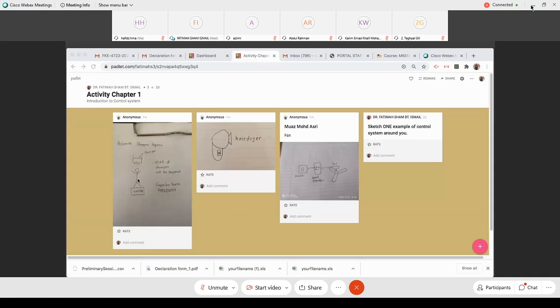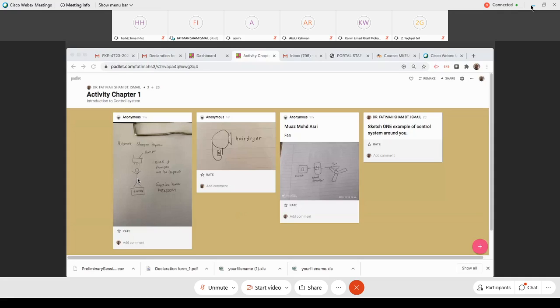Okay, so you can post anytime here, because after this we will identify what is the input, what is the output of your system. What is the input, what is the output.